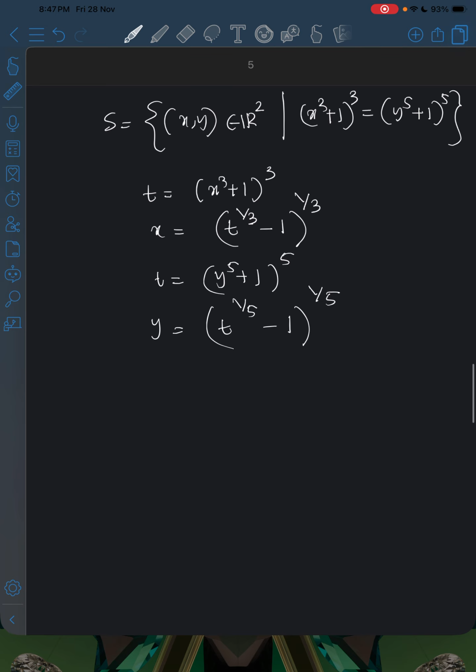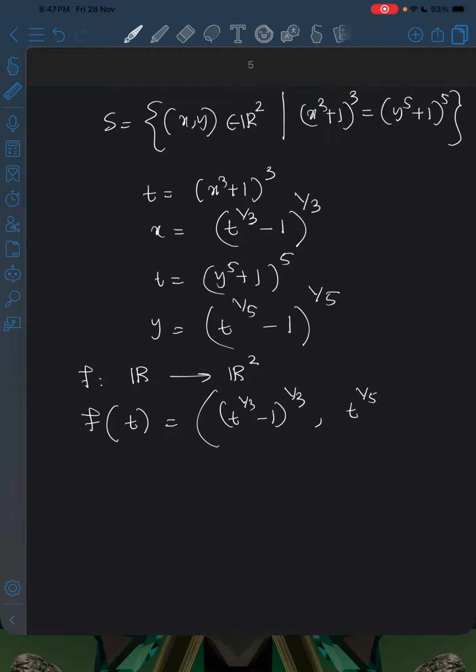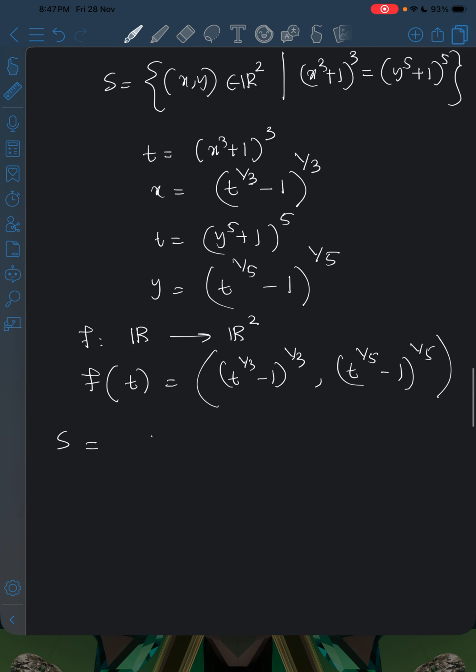So then this is basically, take R to R2, f of t equal to this. If you define this map, then this is basically the image of this map, right? So S is equal to image of F.